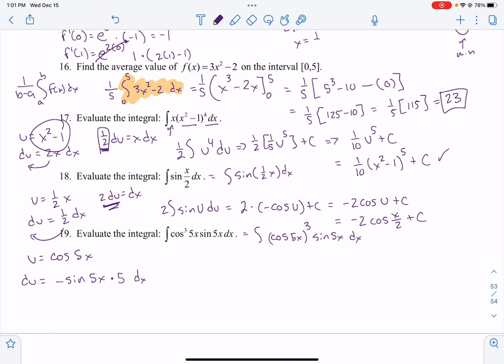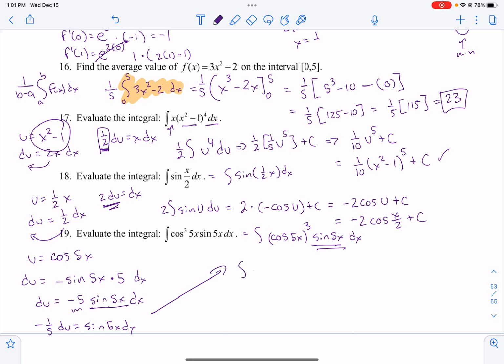So before I move anything, du equals negative 5 sine of 5x dx. Well, I like the sine of 5x because that shows up right there. I just need to get rid of this negative 5. So negative 1/5 du equals the sine of 5x dx. And now let's plug everything in.